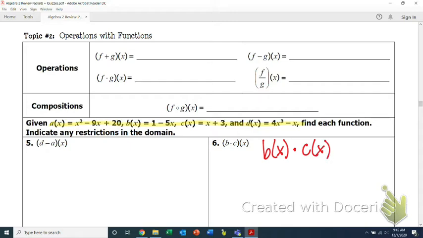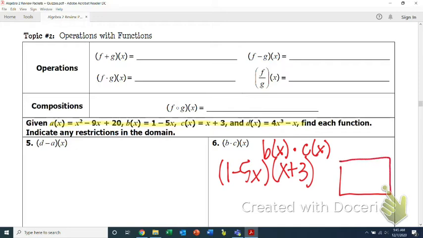So our B of x is 1 minus 5x times our C of x, which is x plus 3. We've got 2 components. So what's the easiest thing for you to do right here? Yep, you knew it. The box. 1 minus 5x, x plus 3. Fill it in.